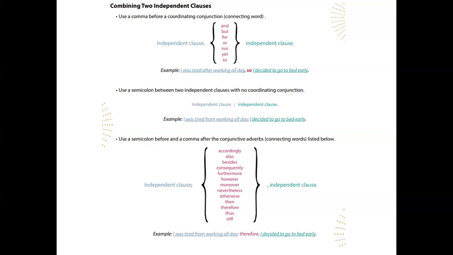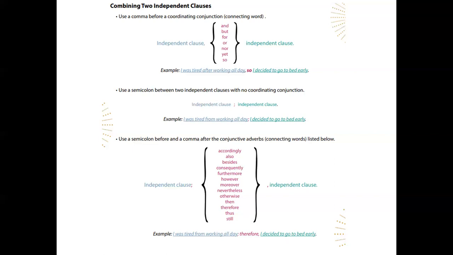First, use a comma before a coordinating conjunction, or a connecting word. So we have an independent clause, then a comma, then a coordinating conjunction.